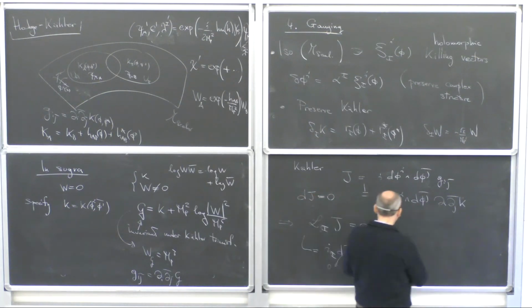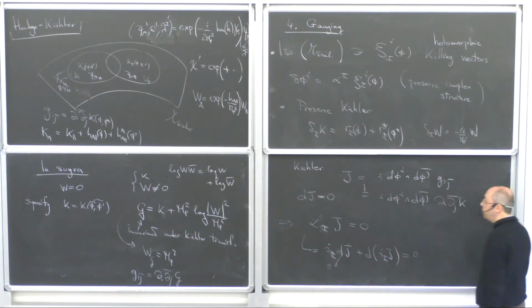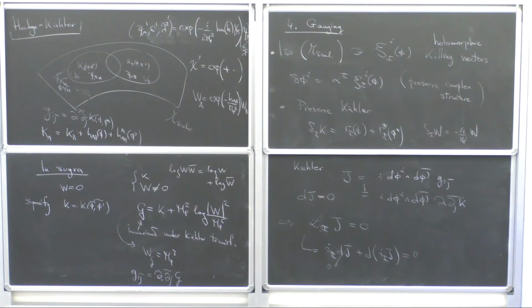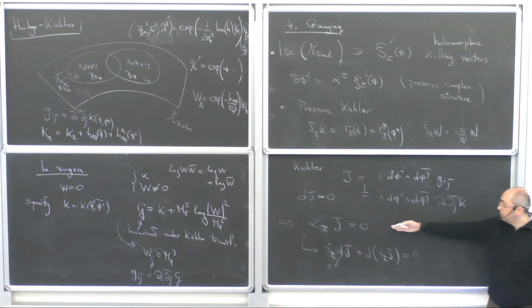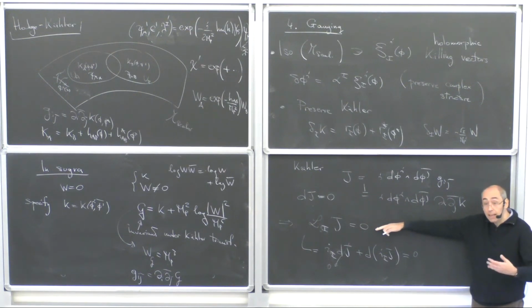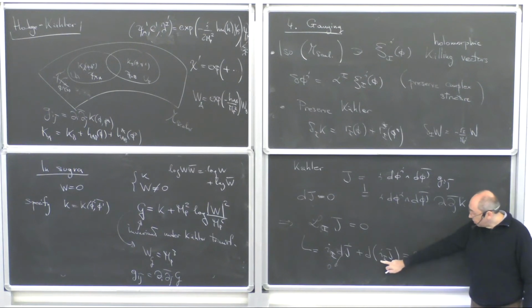And this has to be 0 in order for the isometry to be a good isometry that I can gauge, because I want the isometry to preserve my Kähler form. So this tells you that the inner product of the Kähler form with your isometry should be locally the derivative of something.